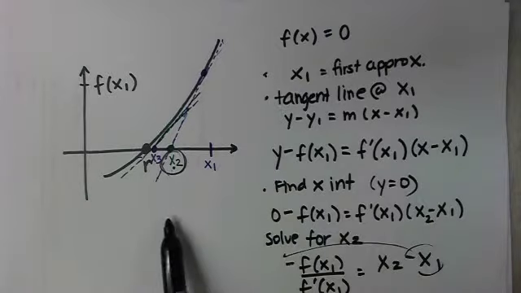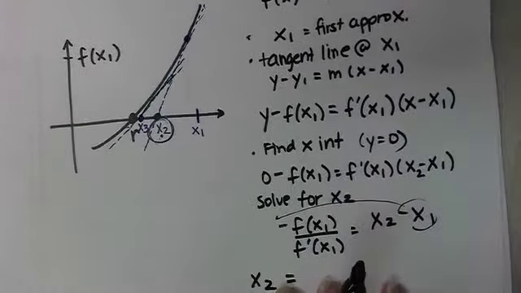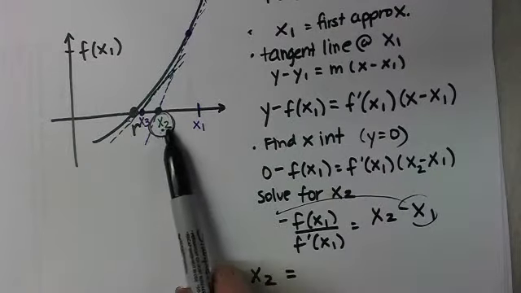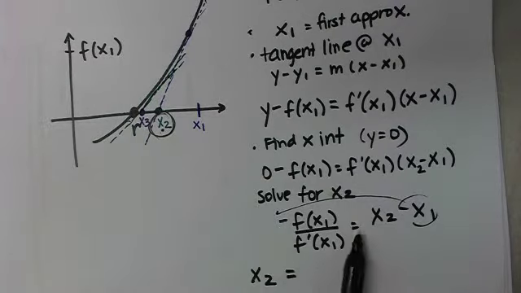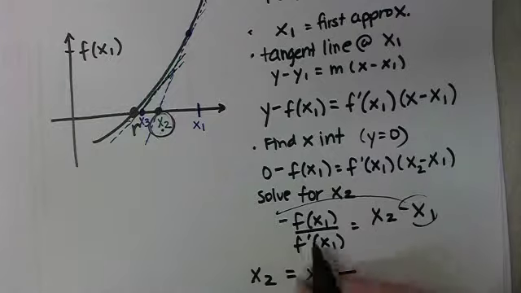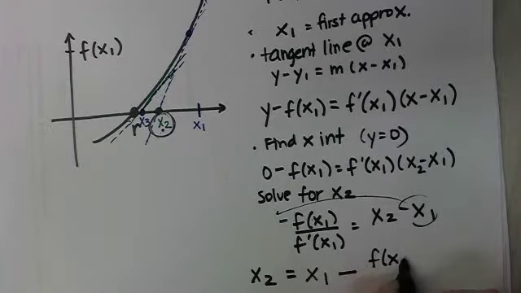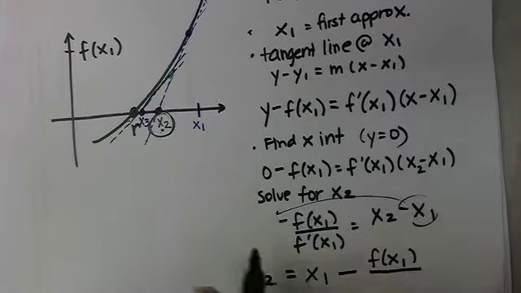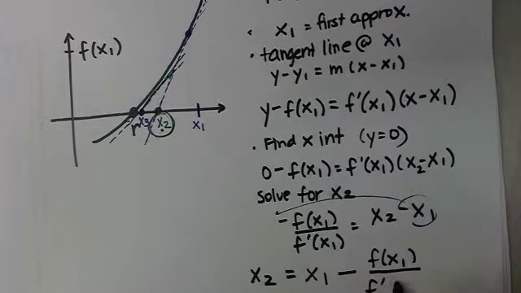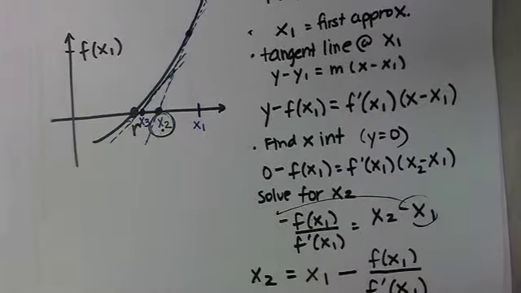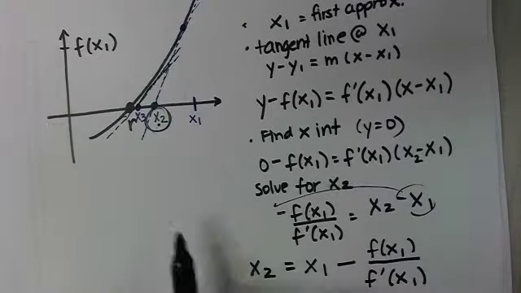And we get that next guess. I'm going to slide it up here. That next guess, the next x-intercept that's closer to the root that we're looking for, x2, is equal to x1, our first guess, minus f of x1, which is the original y value of the first point that we chose, divided by f prime of x1, which is the slope of the first tangent line that we found.